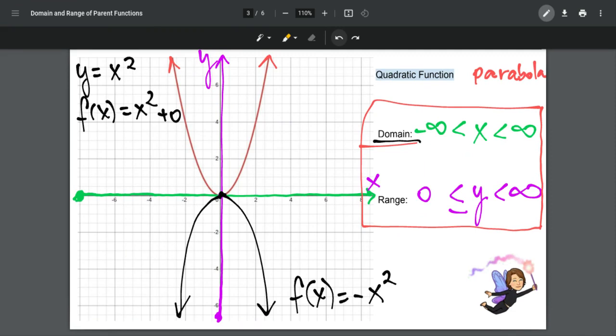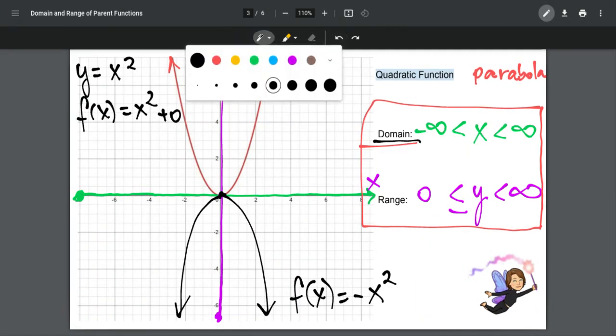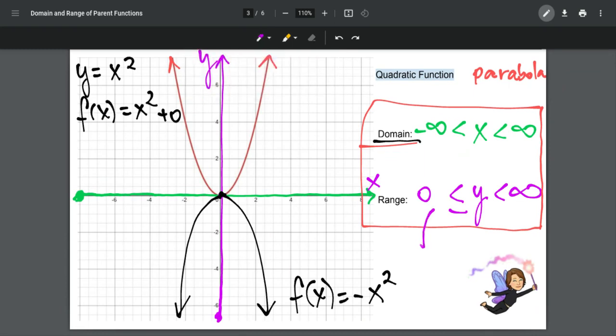Now, looking at the notation of the range one more time, just in case you wonder if you could have written it differently. The original range we talked about, yes, you can write it like this, and that's okay.